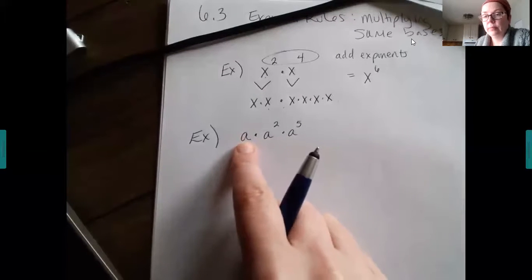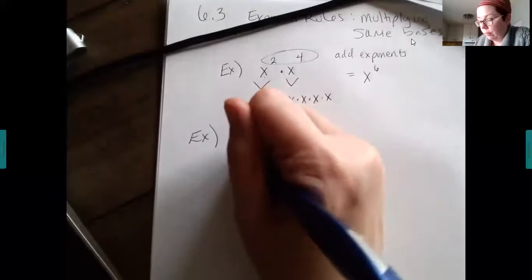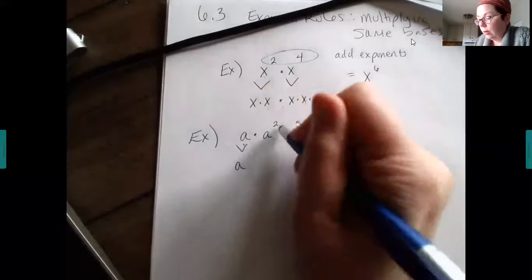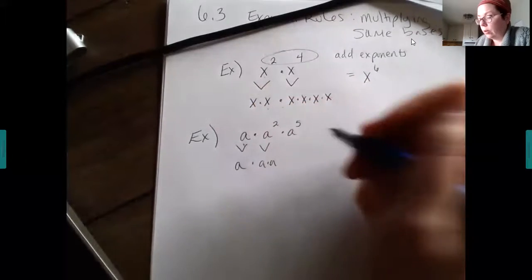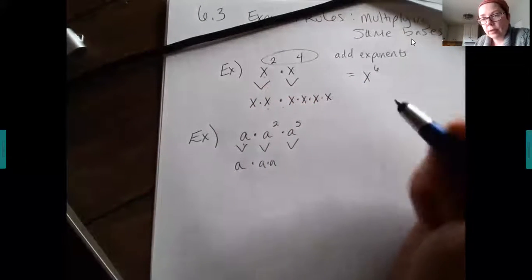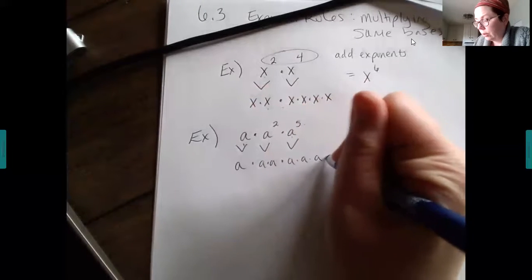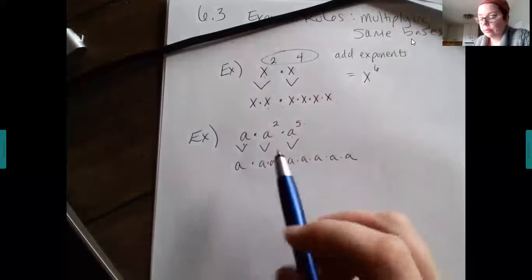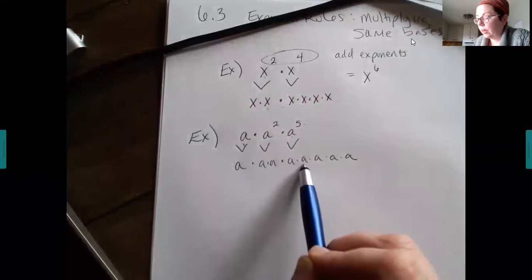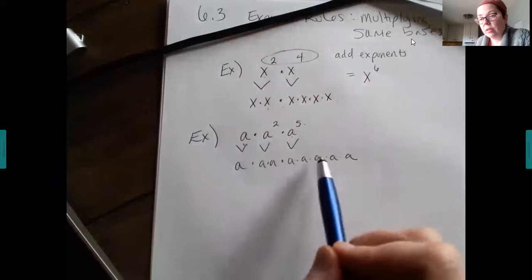Exactly, we just have one A. And here we have 2 A's. And I guess I want to make it long, here we have 5 A's. 1, 2, 3, 4, 5. So how many A's do we have all together? 1, 2, 3, 4, 5, 6, 7, 8. So we have 8 A's all together.